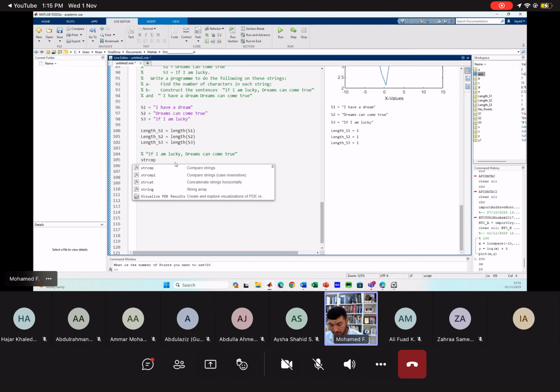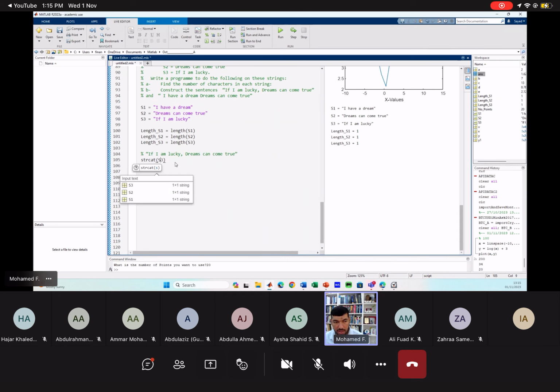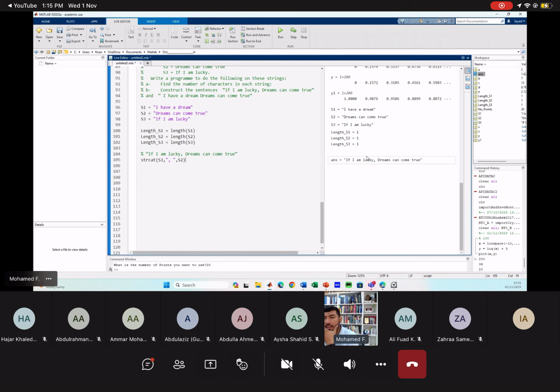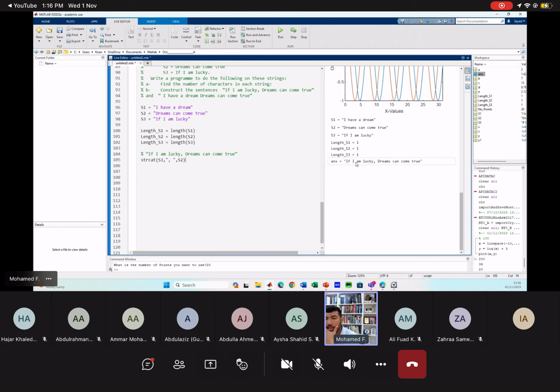We can just write strcat, open the bracket, S3, comma, and here we are going to put comma space, comma, and S2. Now, if I run it, I can see that the output is going to be, if I am lucky, dreams can come true. So try that.